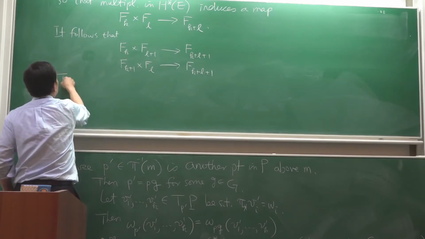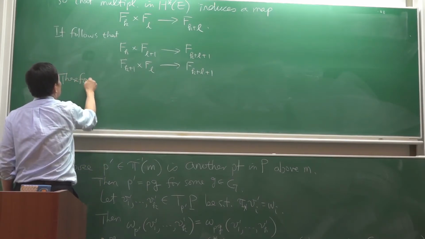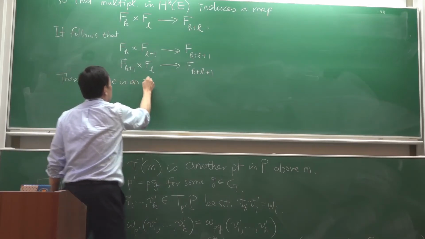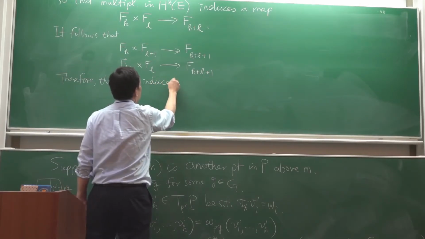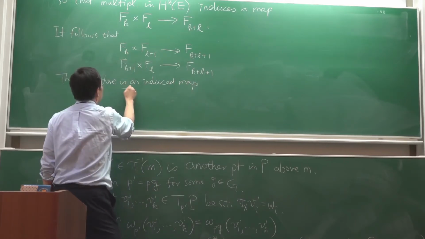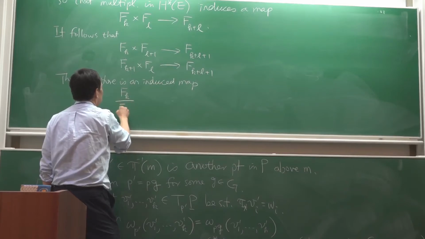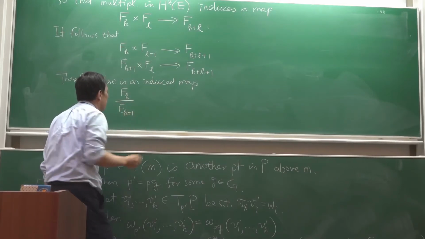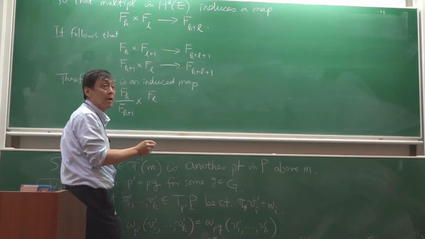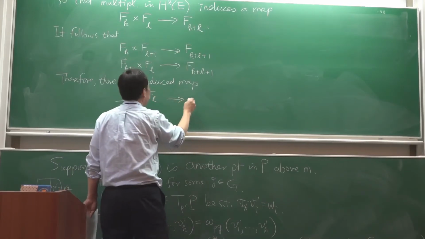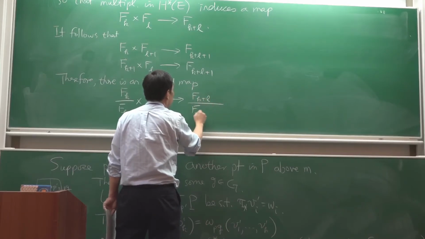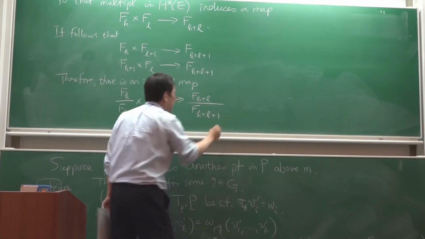Therefore, there is an induced map from F^k over F^{k+1}, cross F^l over F^{l+1}, into F^{k+l} over F^{k+l+1}, right?